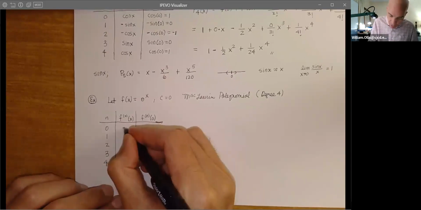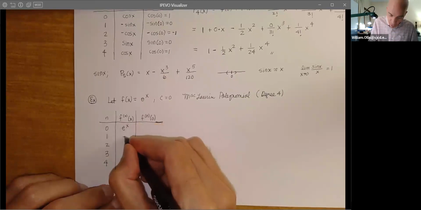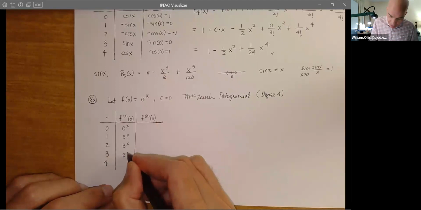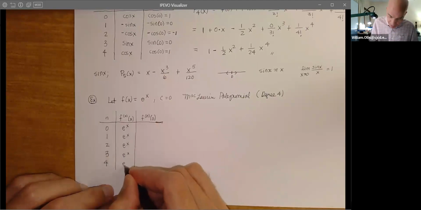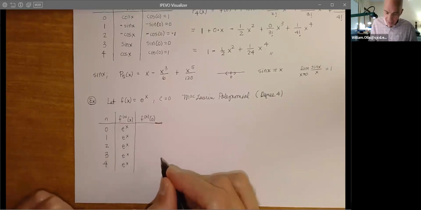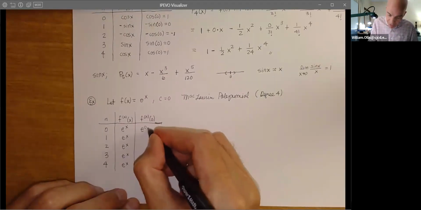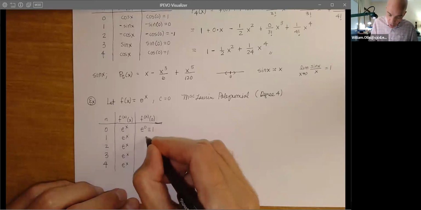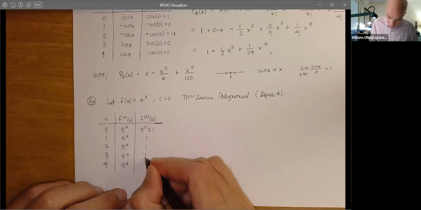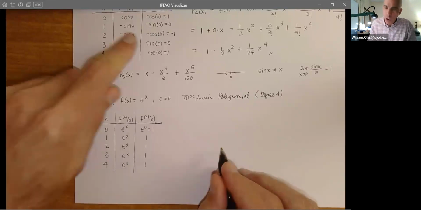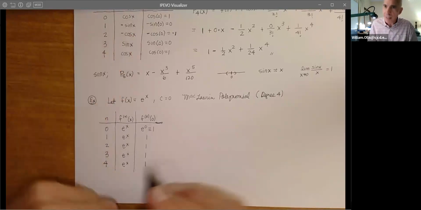So this is the easiest column in the world, right? e to the x, e to the x, e to the x, e to the x. I kind of like that. Okay, so now e to the 0 by definition is 1. So all of these are 1.